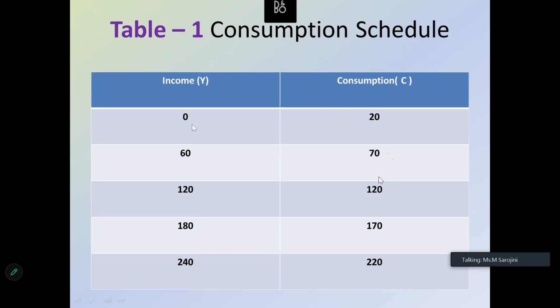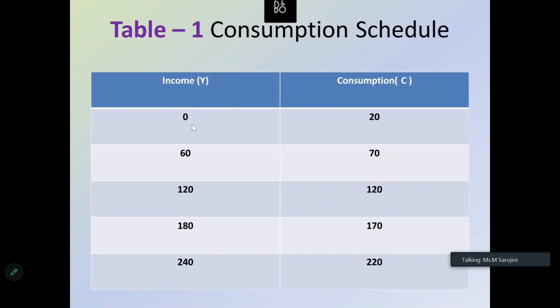Again, here income increases by 60, but consumption increases only by 50. So the whole income is not spent on consumption purposes, right?